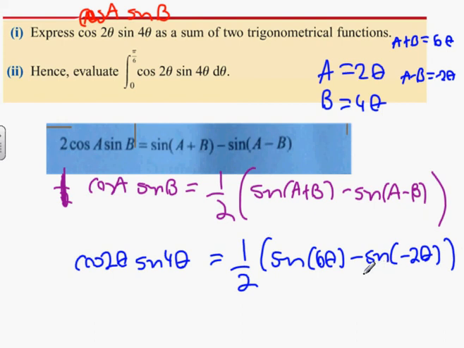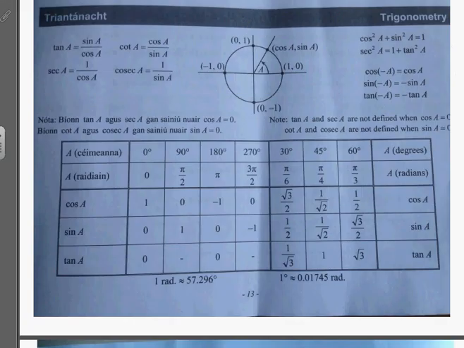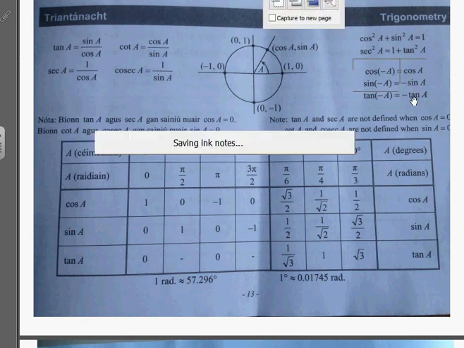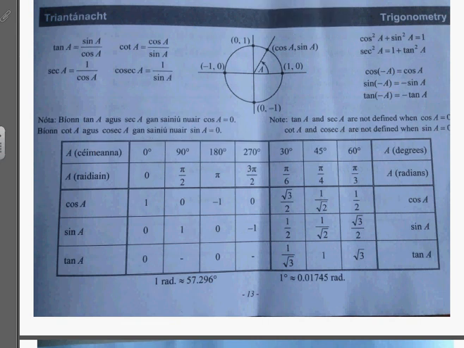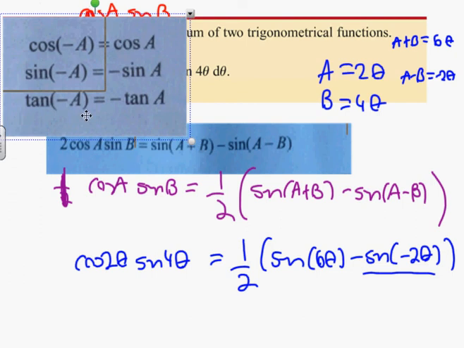Now, the next thing you're going to have to look up is what's minus sine minus 2 theta. When you go to your notes, you'll notice in this corner here it tells you about negative angles. It says that the sine of a negative angle equals minus sine of that angle.